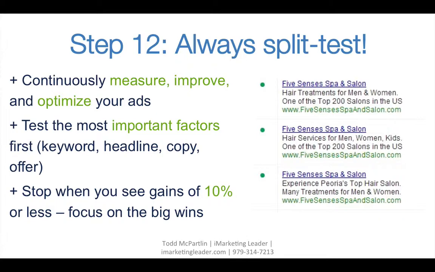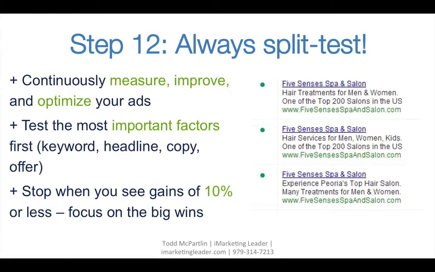Maybe for this one, for the spa and salon, a lot of people think it's for kids, right? This ad here, the bottom one, has Peoria in it. That is local. That may convert higher than these two. You need to look at that. You need to monitor it. You need to track it.